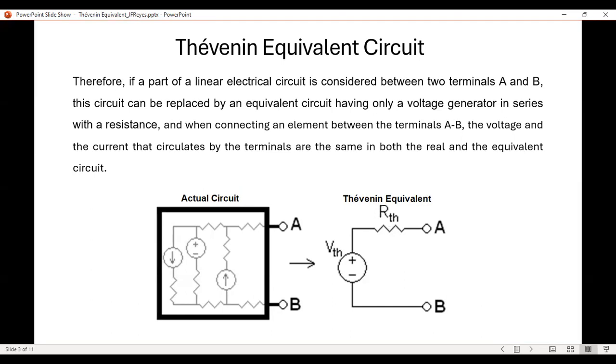And this circuit will behave in the same way as the actual circuit with respect to terminals A, B in terms of voltage and current.